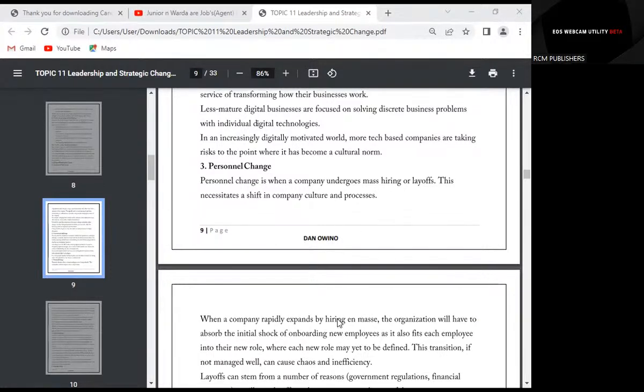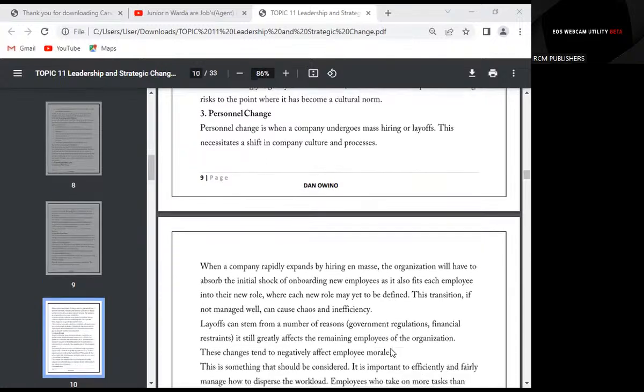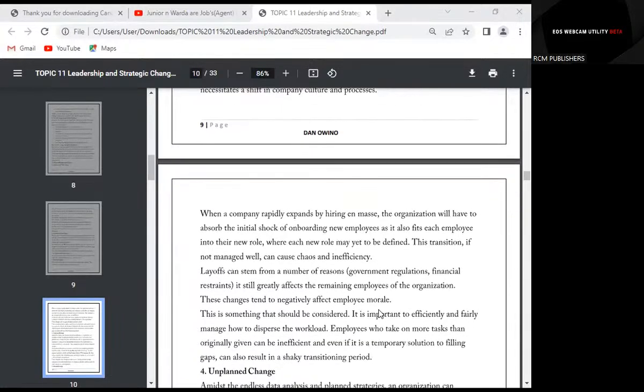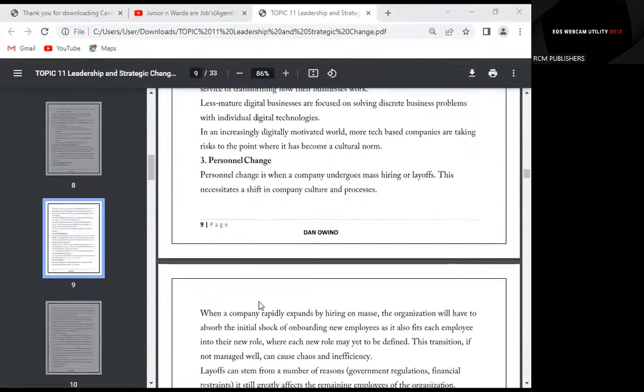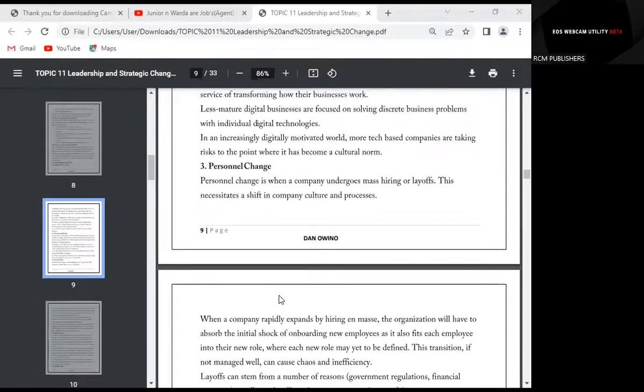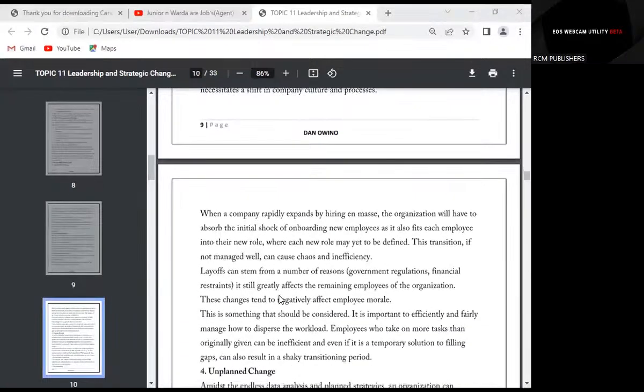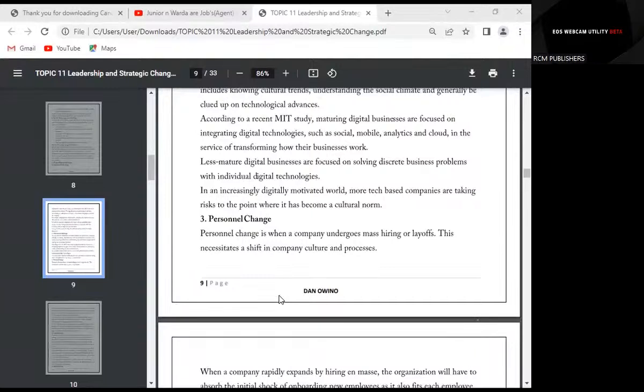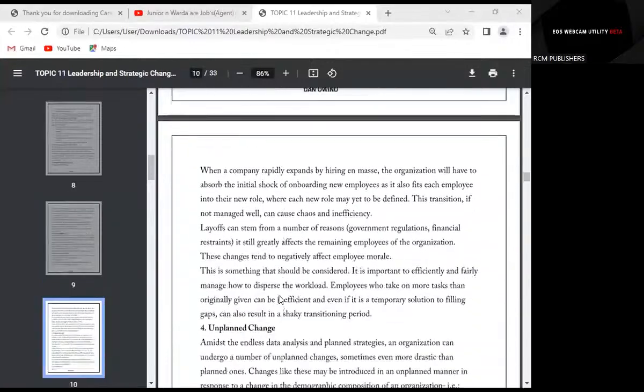Also, some of the leading multinational companies are laying off their staff as part of personnel change measures. There is no need for us to read so much of a story there. We just need to understand what a personnel change is and where it is applied. It affects the workers, for example, through mass hiring or layoff.